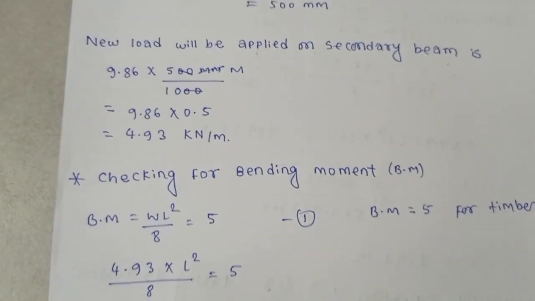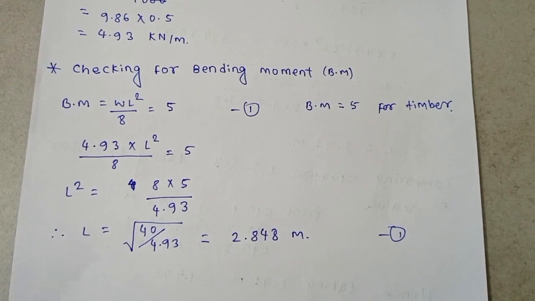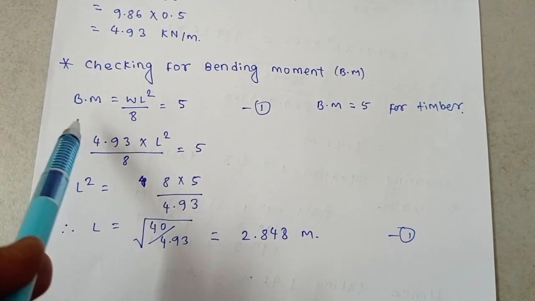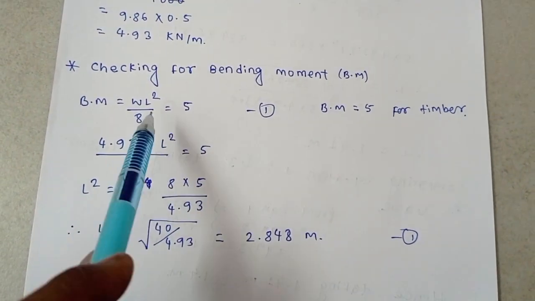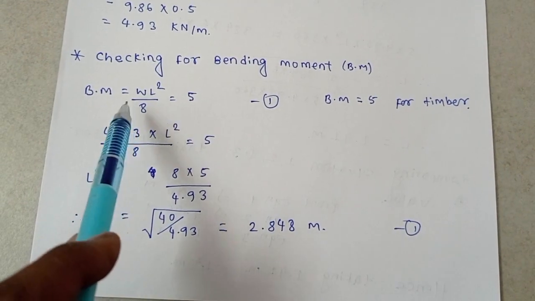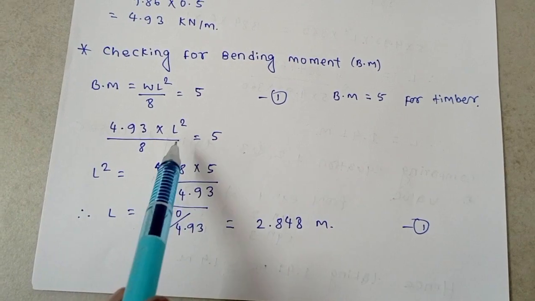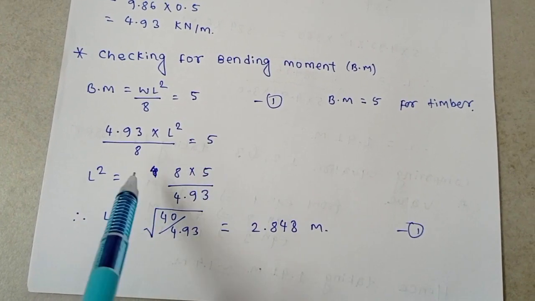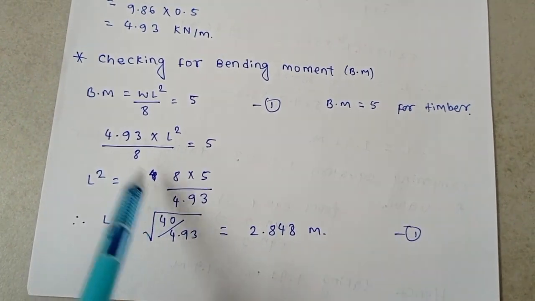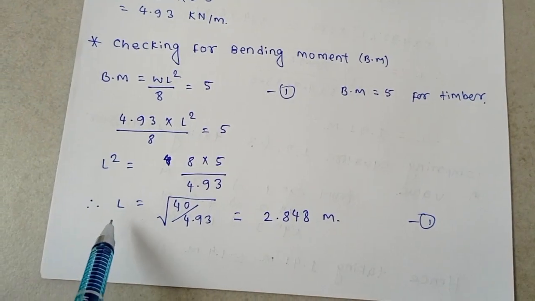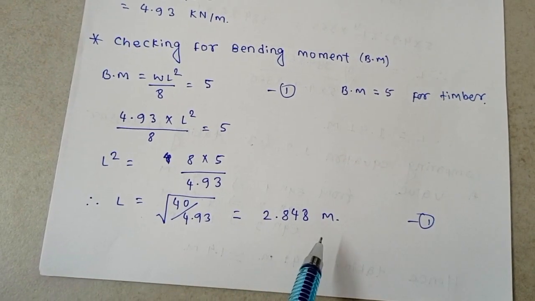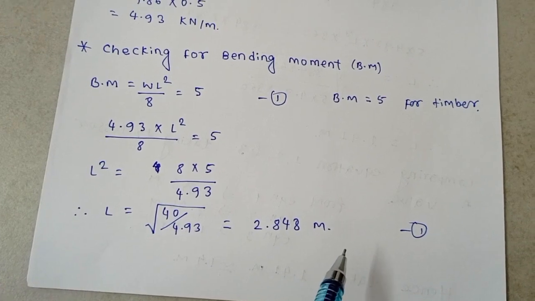The moment for timber is 5, and according to the formula, WL square divided by 8 equal to 5. Now we find L square equal to 8 into 5 divided by 4.93. Hence L equal to 2.848 meter after the calculation.